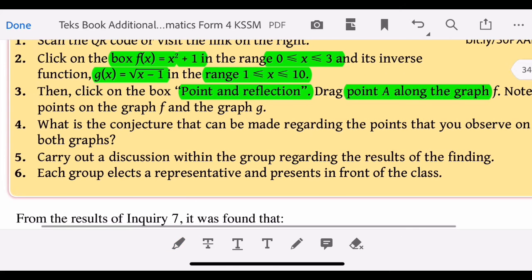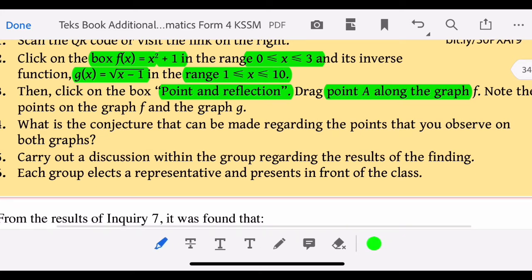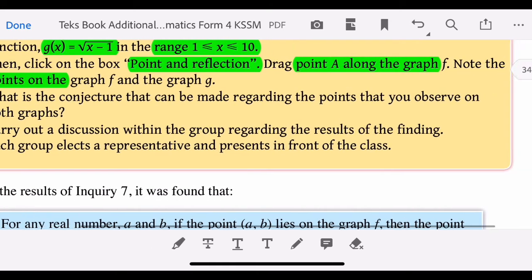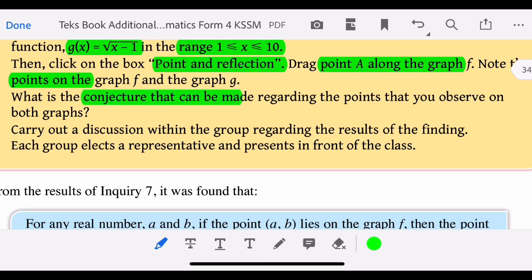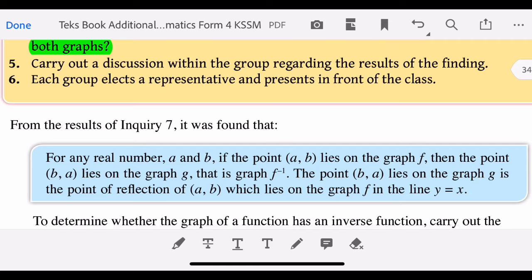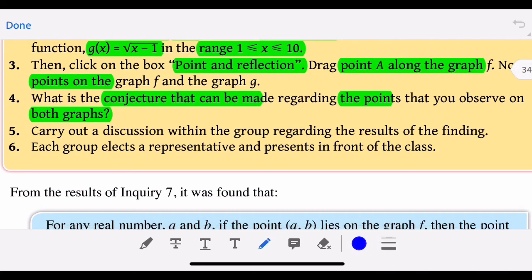Note that the point on the graph F and G, you can observe the point for the changes. Okay, what is the conjecture that can be made regarding the point that is observed on both graphs? Carry out discussion and then try to answer the inquiry. So we try to answer this one.